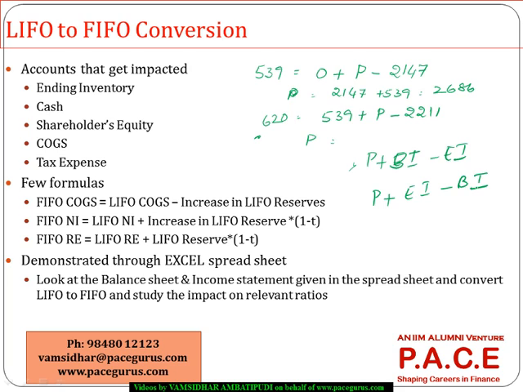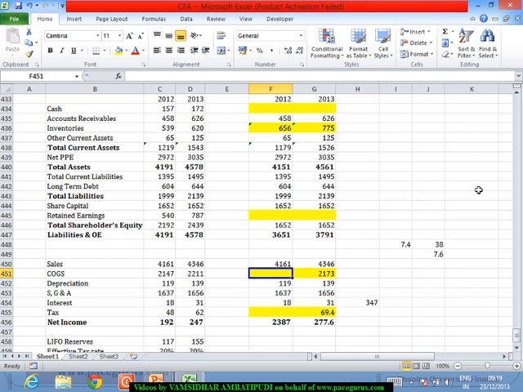I am saying beginning inventory is 0, right? Our LIFO reserve was 0. That is what we have considered in the previous scenario.